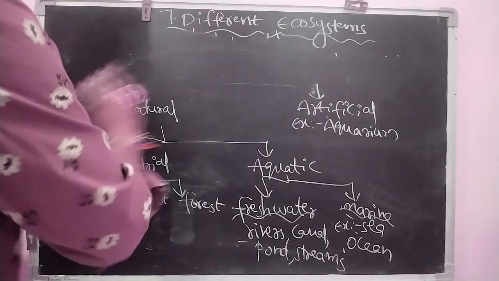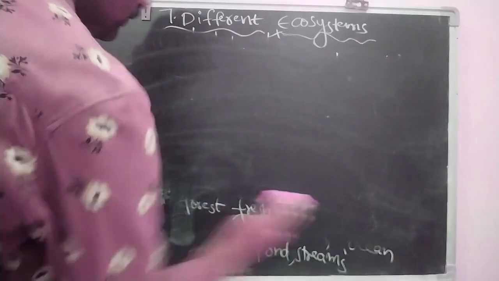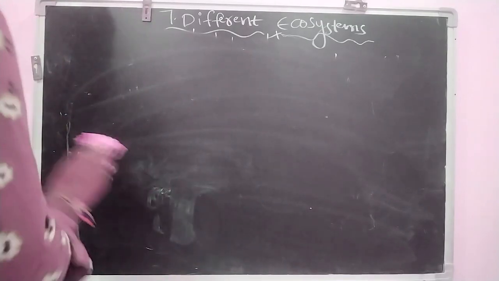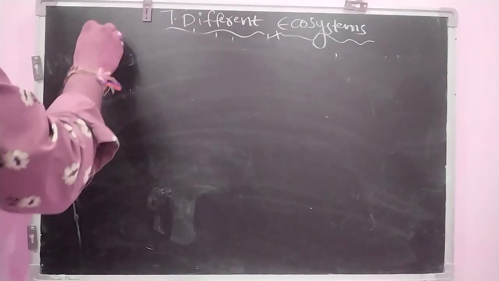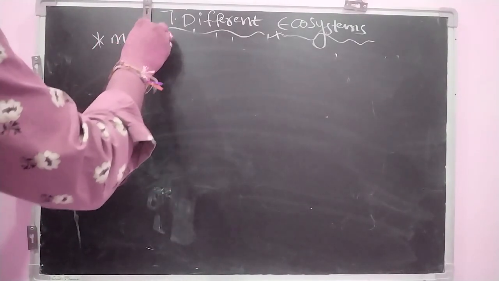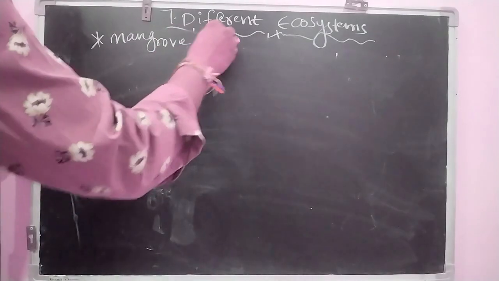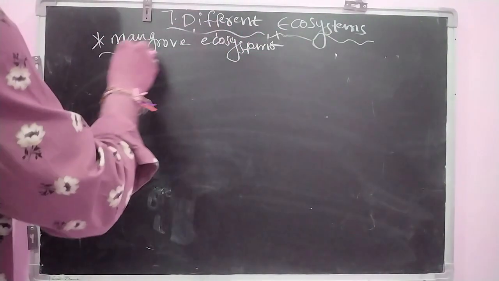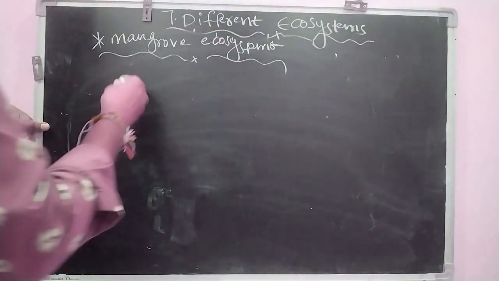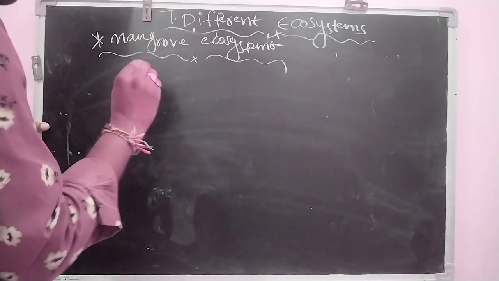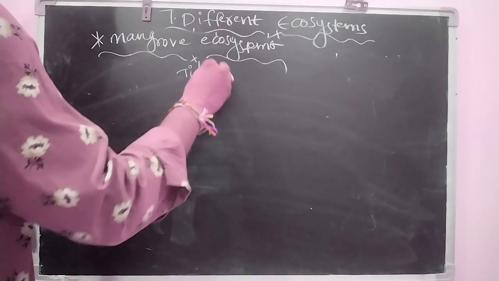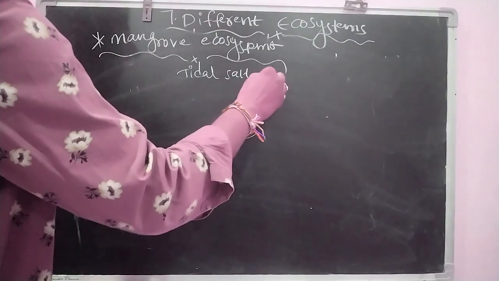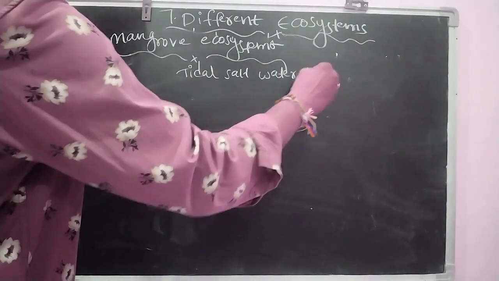Next, we will discuss the mangrove ecosystem. Mangroves are one of the most productive ecosystems on earth, deriving nutrients from tidal salt water and terrestrial fresh water.